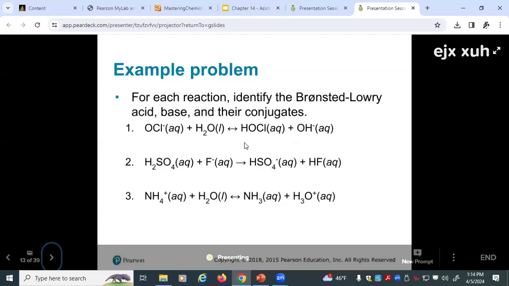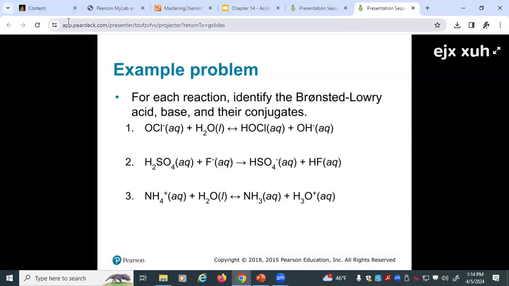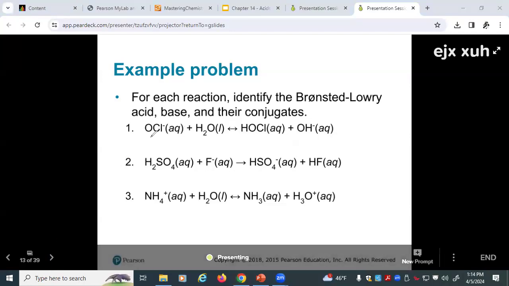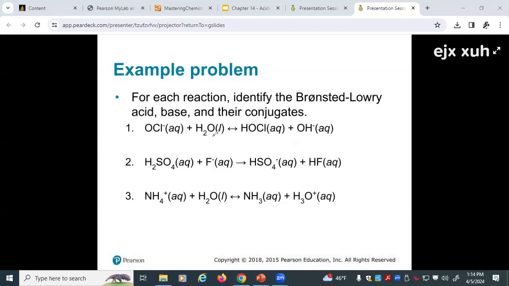So let's take a look at this in a slightly broader form. I've got acids and bases and conjugates going on here. So if I'm looking at OCl and water, I can see the products here. OCl turned into HOCl. So what happened to it?